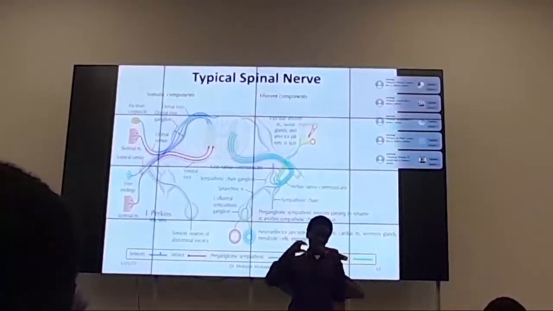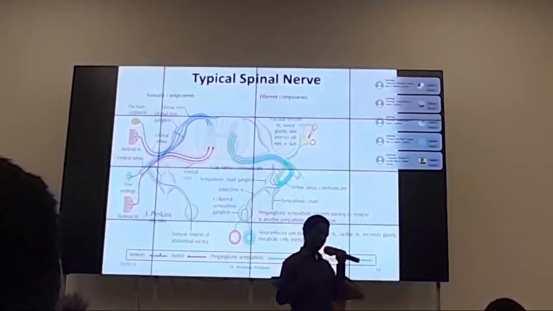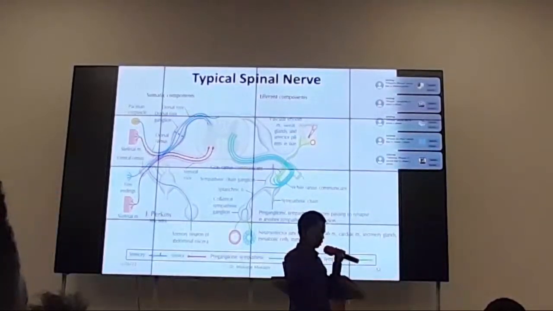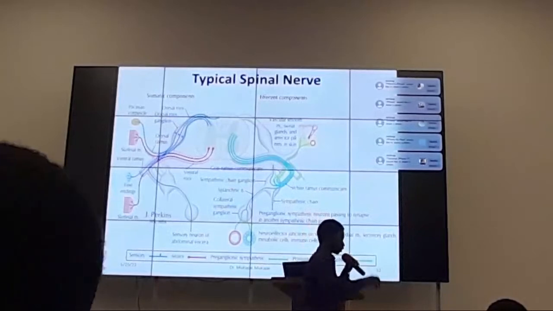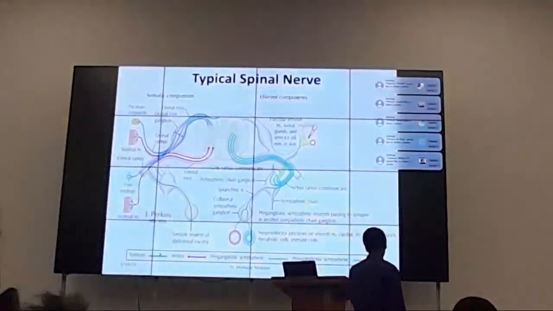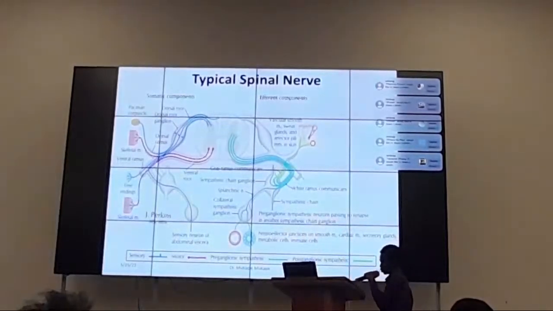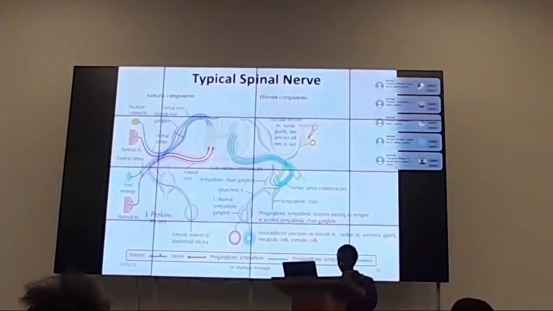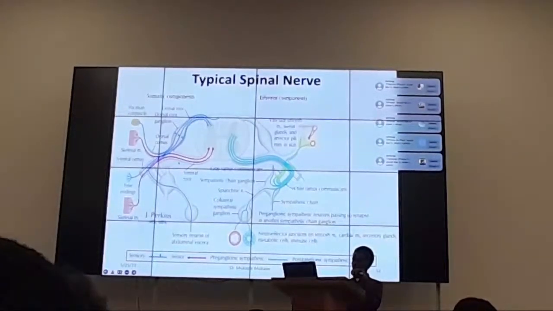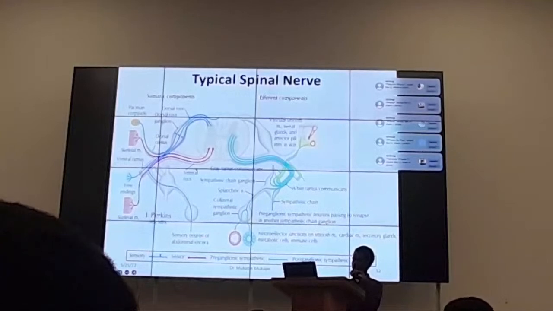So the ventral root is motor, whereas the posterior root is sensory. Okay? Those are MCQs. Yeah, so we need to know that.